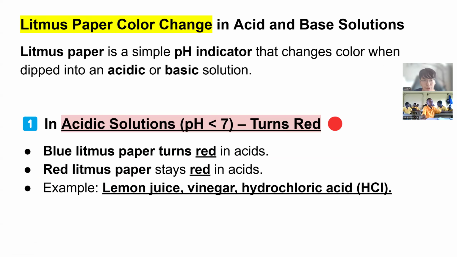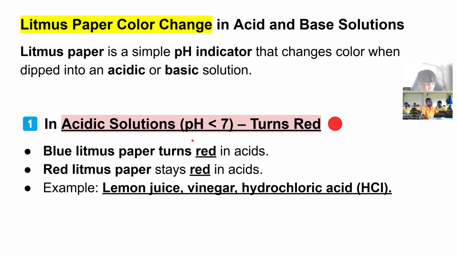Litmus paper color change shows a change in pH, the concentration of H plus, and it determines if the solution is acidic or basic when the paper is dipped in the solution.